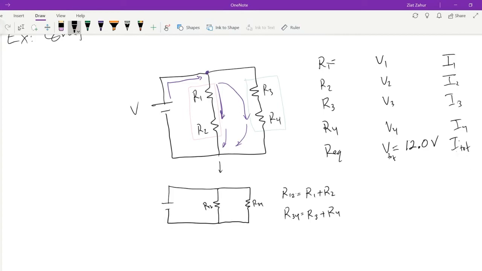Let's give some values. Let's see, let's do 2 and 4, and then 3 and 3.